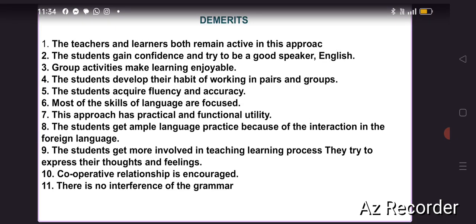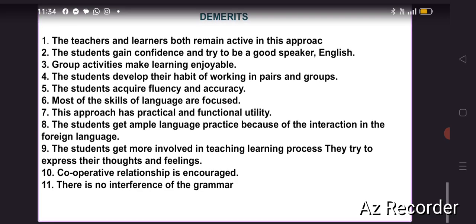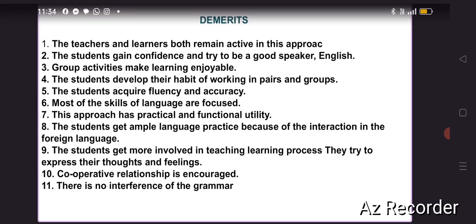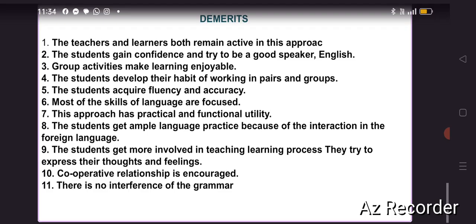Next, pair work and group work become difficult in overcrowded classes. That means where group activity or pair activity has to be taken, we cannot take it in an overcrowded class. This is the demerit. Next, it is not useful for lower classes because a small child cannot express, cannot communicate in English.